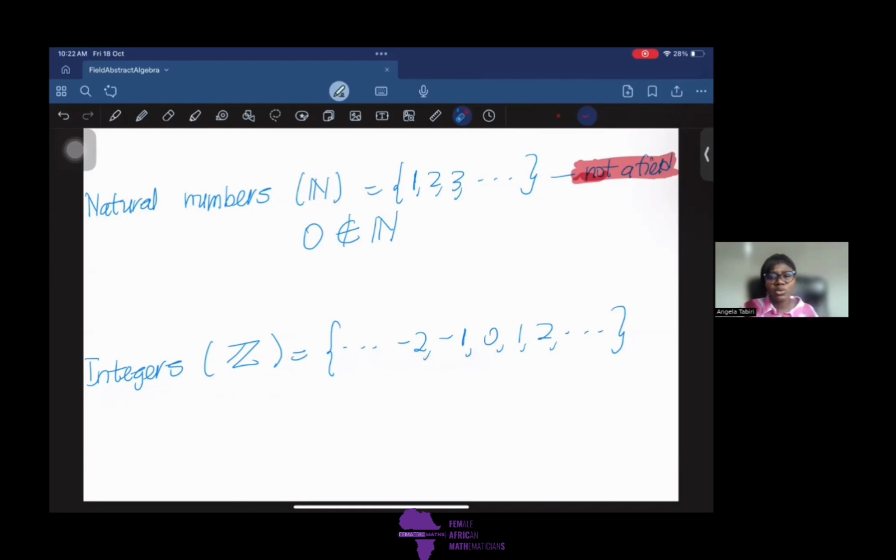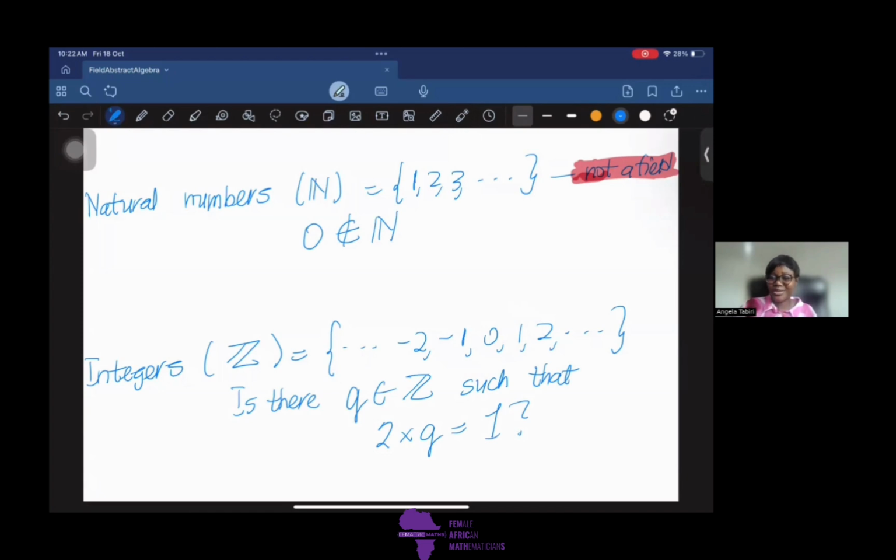Now, when we go to the non-zero elements under multiplication, you have your closure, you have your associativity, you have your multiplicative identity, but will we have multiplicative inverses? Now, I'm asking, is there some element Q in Z such that if you pick an element 2 here, 2 times Q equals 1?